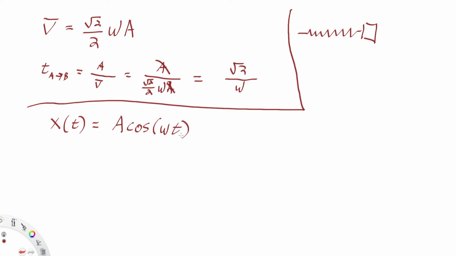We know from our previous analysis that if we let this spring oscillate, it's going to oscillate between a stretch of A and a compression of minus A. So this cosine function, what are the maximum and minimum distances that it can give us?